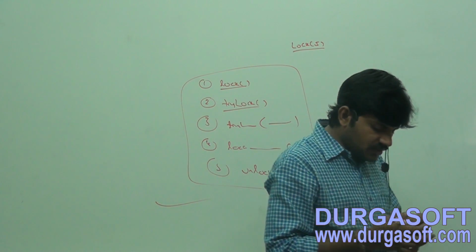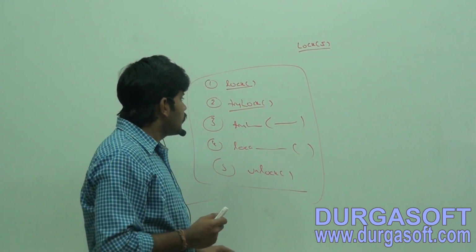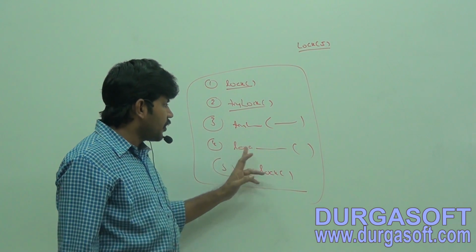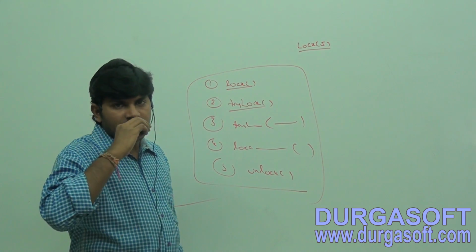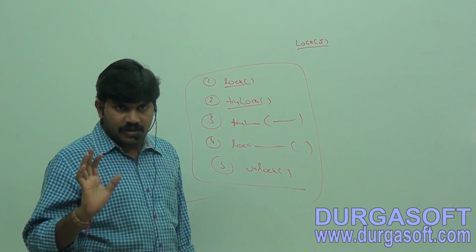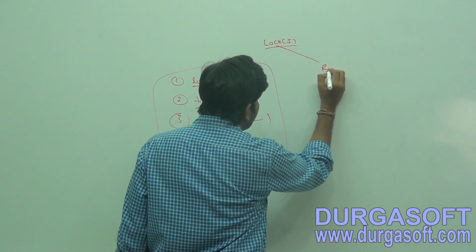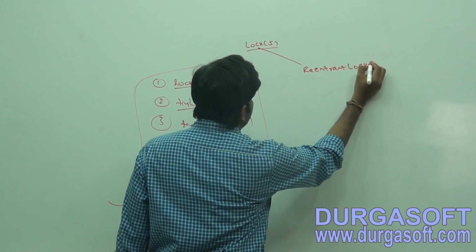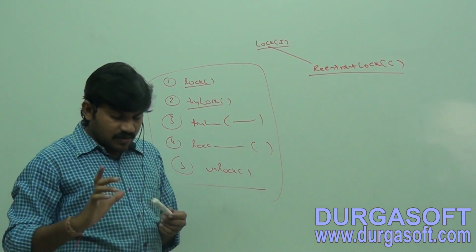You people should be aware of these clearly: lock, try lock, try lock with the time period, lock interruptibly, and unlock. That's all. Now the next one is the implementation class, which is nothing but re-entrant lock.